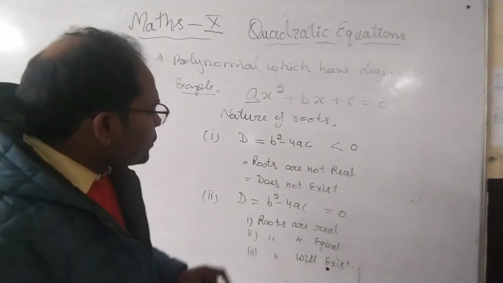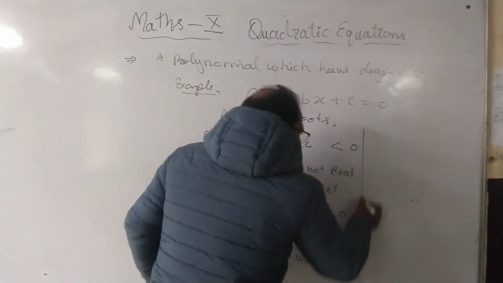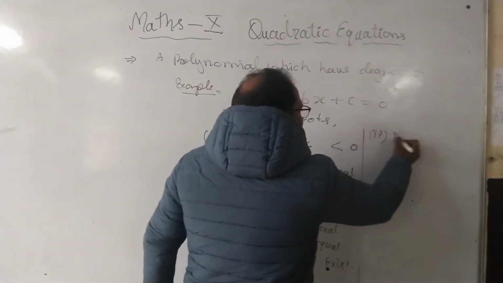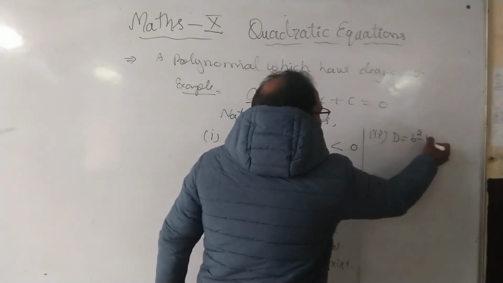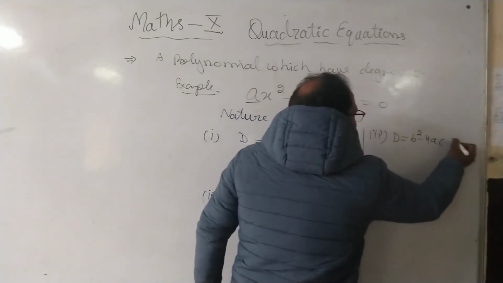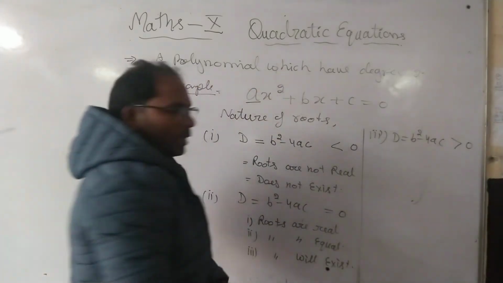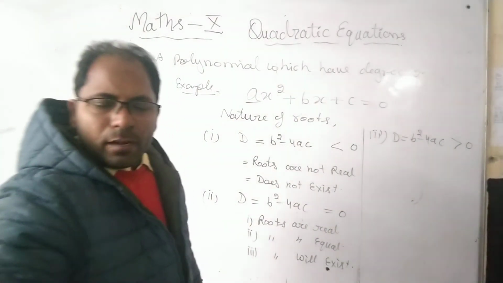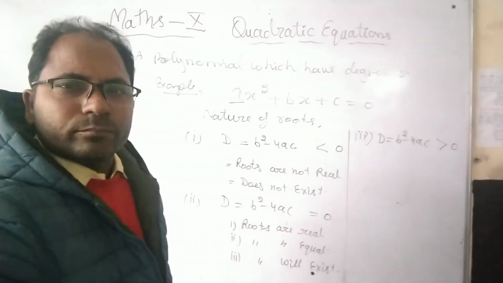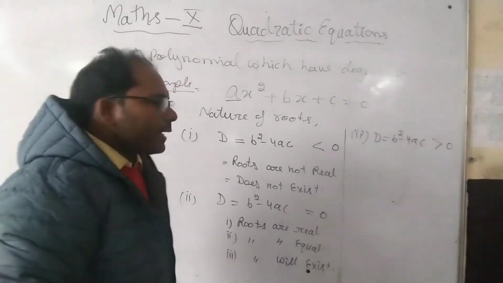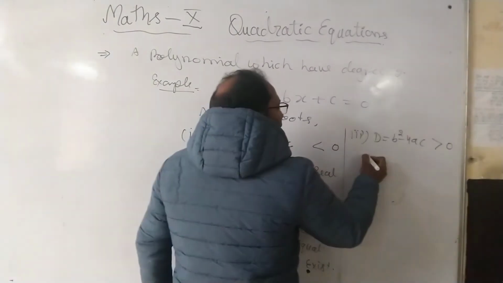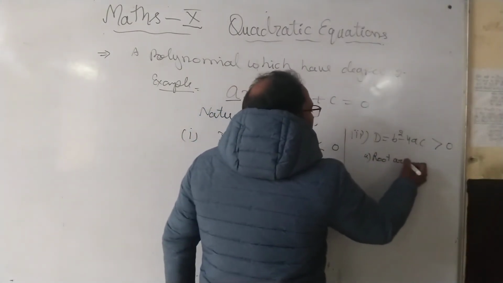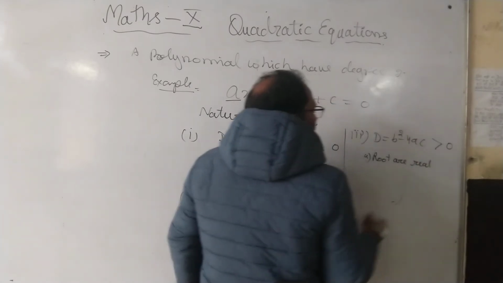Okay. And the next one, the third point: if D equals b square minus 4ac is greater than 0, then what will it be? If it is greater than 0, then roots are real.